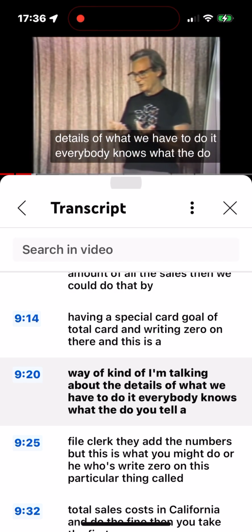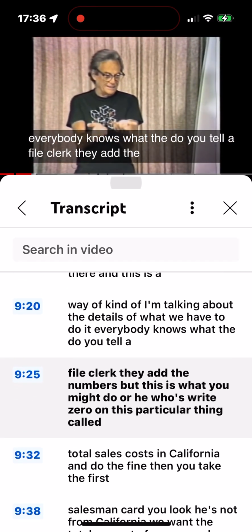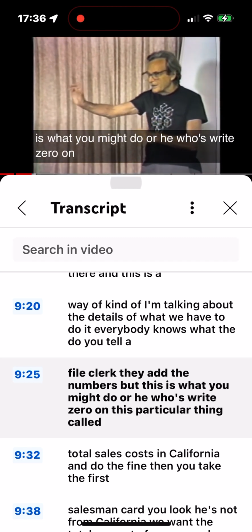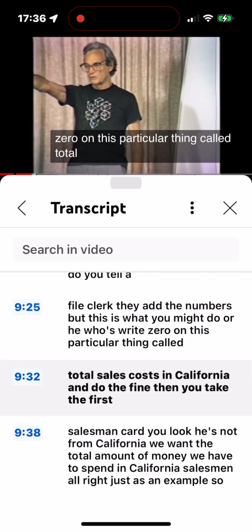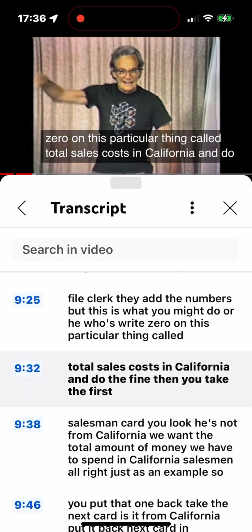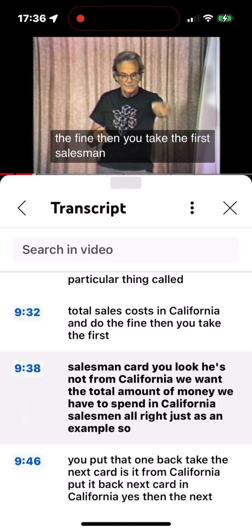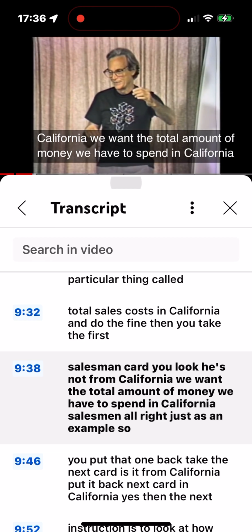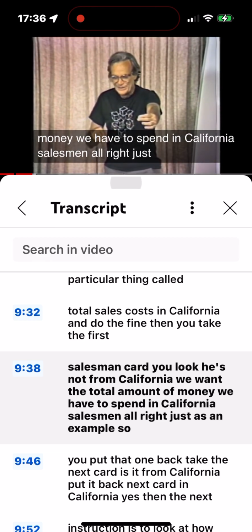Everybody knows what to do. You tell the file clerk to add the numbers, but this is what you might do. He writes 0 on this particular thing called total sales costs in California, and does the following. Then you take the first salesman card, you look, he's not from California. We want the total amount of money we have to spend on California salesmen, all right? Just as an example.